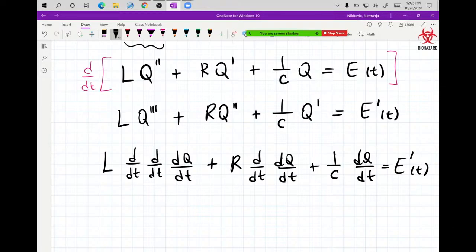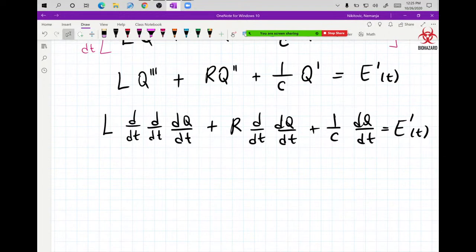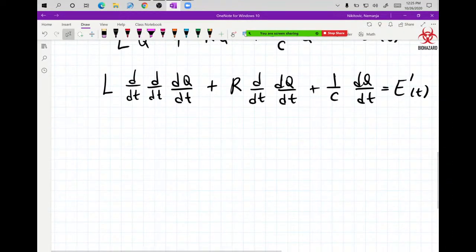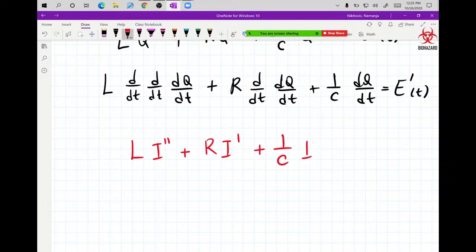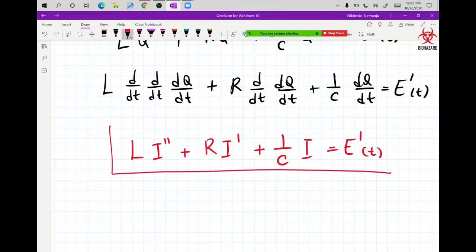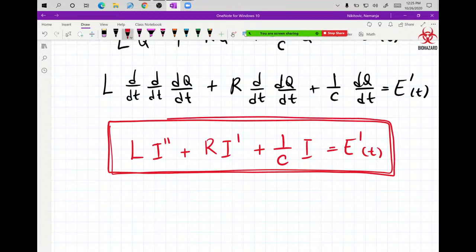And each dq/dt now is current I, which gives us, now written in red, the equation that we want: L I'' plus R I' plus 1 over C I equals E'(t). And this is the equation that you would use to solve one loop of a circuit.